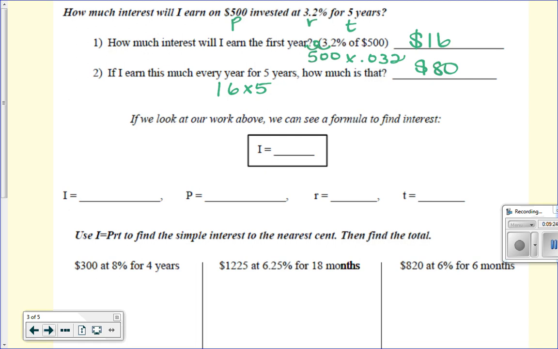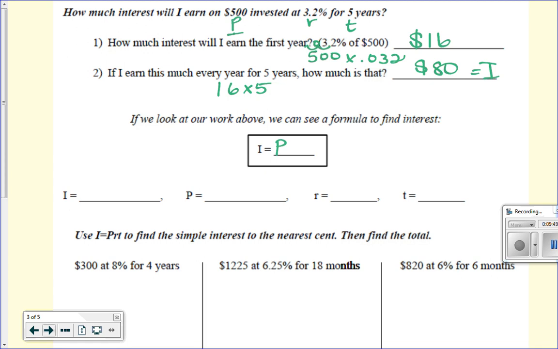So if we look at our work above, we can see a formula to find interest. To get this interest, what do we have to do? What did 500 represent? What's P? Principal. And what does this represent?